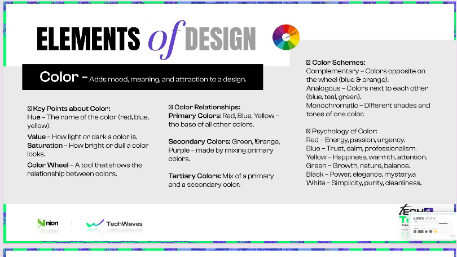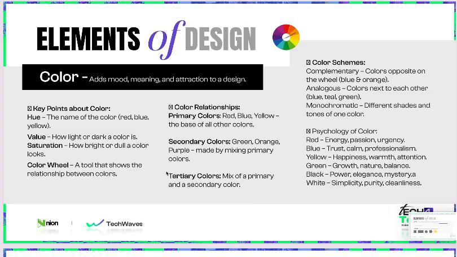Red and blue give us purple. Blue and yellow give us green, and red and yellow give us orange. So these are secondary colors.